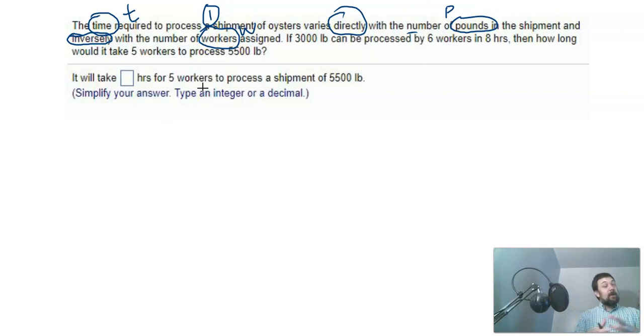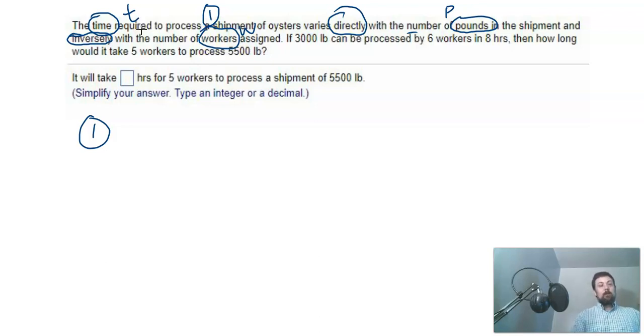Right? It's a combination of variations. So there's not really a formula for me to memorize and just switch out the letters. I have to kind of just construct. I guess you could memorize y equals kx over z, because that's the standard combination one anyways, and that's what they're using here. But I like to just kind of construct it from scratch, if you will.